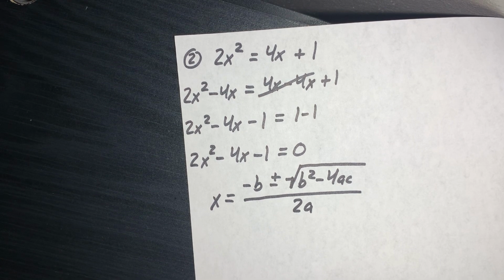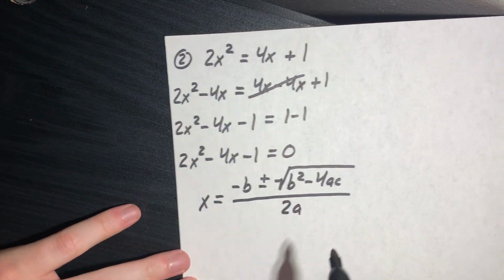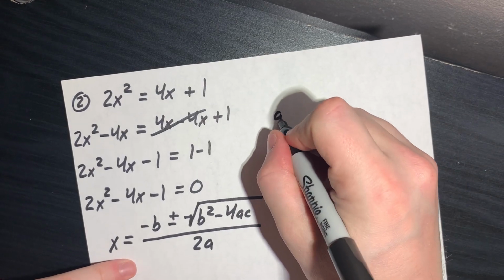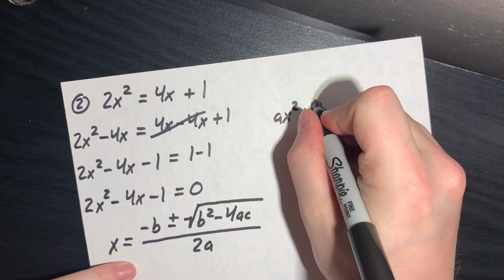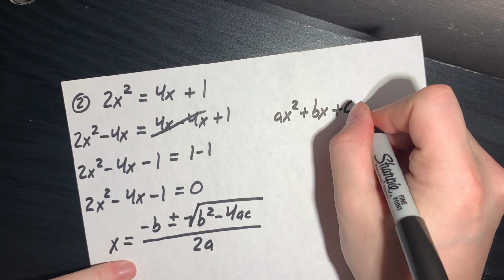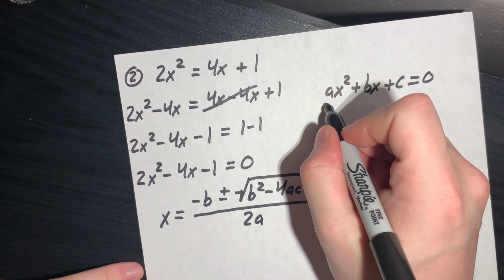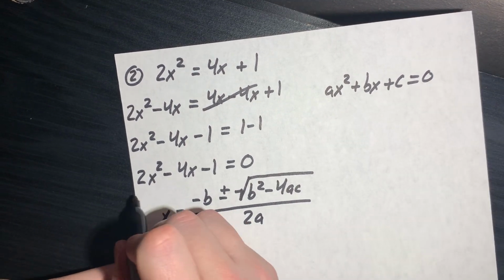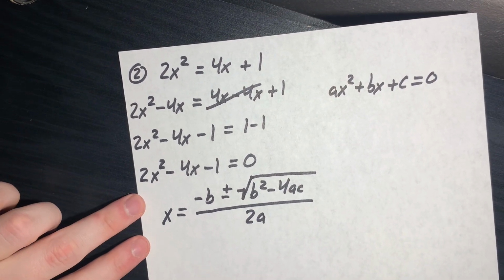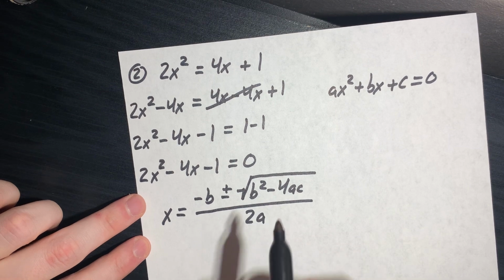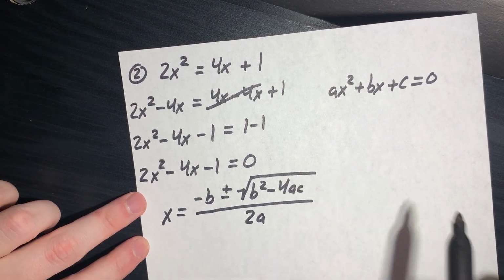Okay, so remember our values come from the form ax squared plus bx plus c equals 0. So we're getting our values down here from the coefficients of each term of this equation.